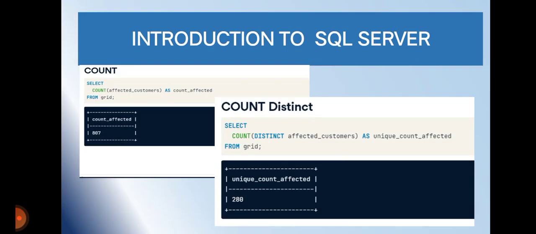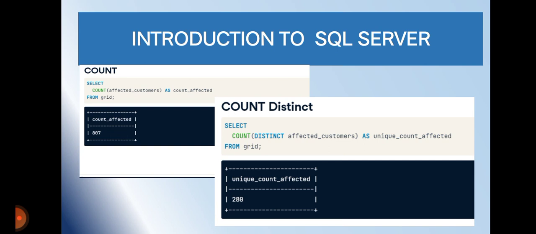Now the third is how to count. The simplest count query will return a count of the number of rows in a particular column. For example, we have SELECT COUNT of affected customer AS count affected FROM grid, and the count affected is 807 as in the given example. A plain count may not be that useful.